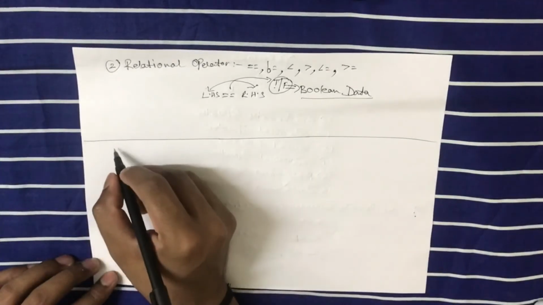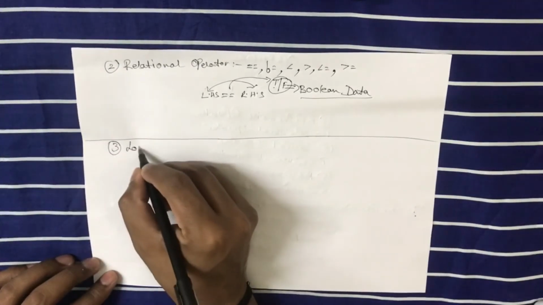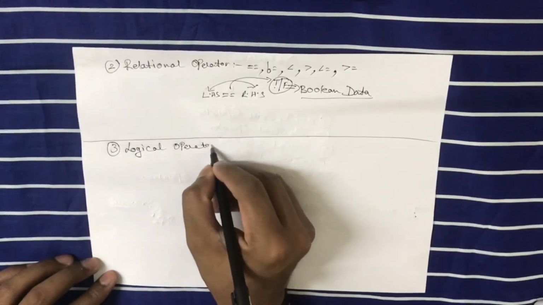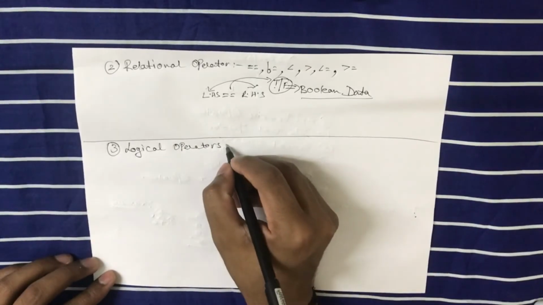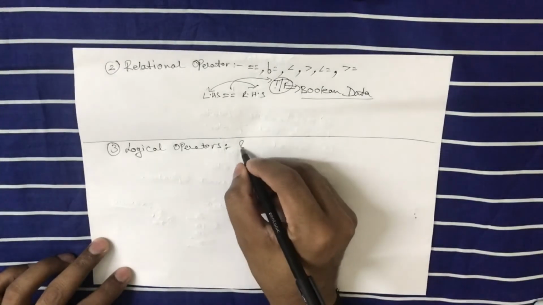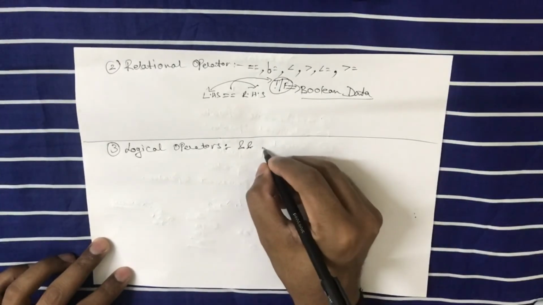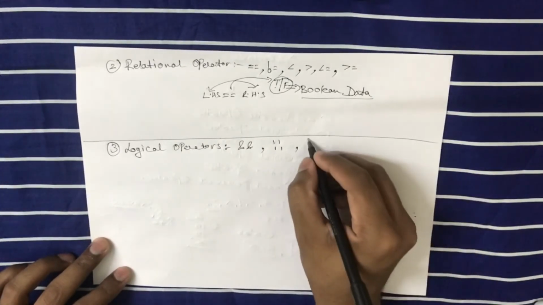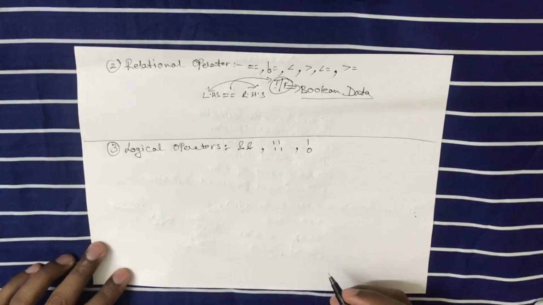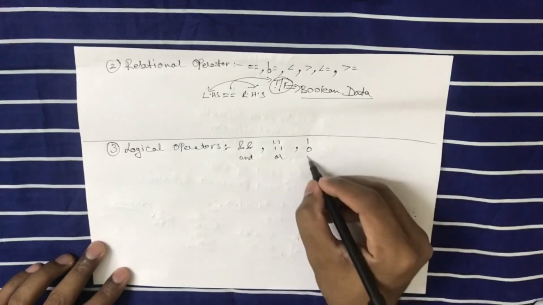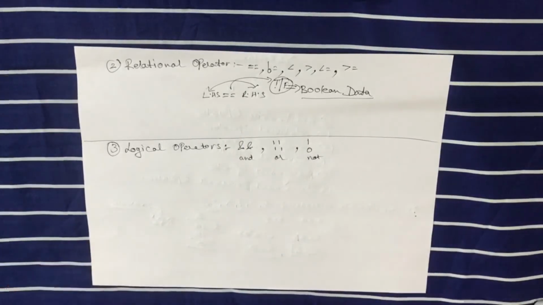Now we are going to talk about the third operator, logical operators. We have three types of logical operators, which are AND, then OR, and the third one is NOT. This is our AND symbol, this is our OR symbol, and this is pronounced as NOT. So what are logical operators?